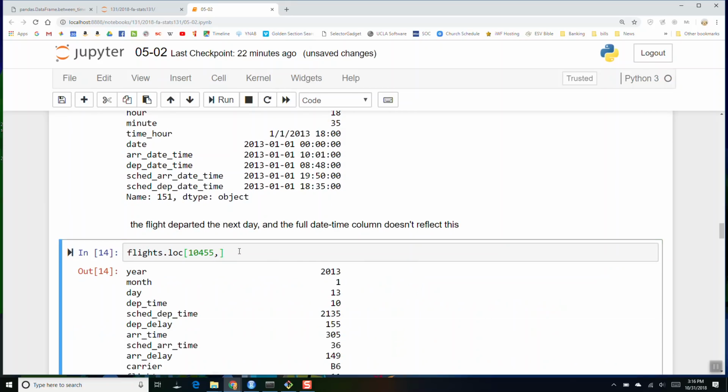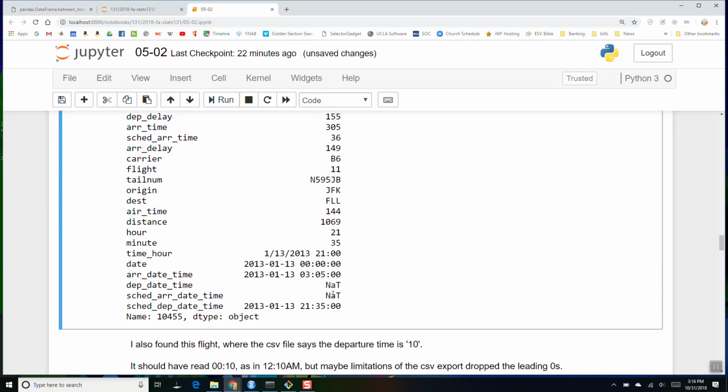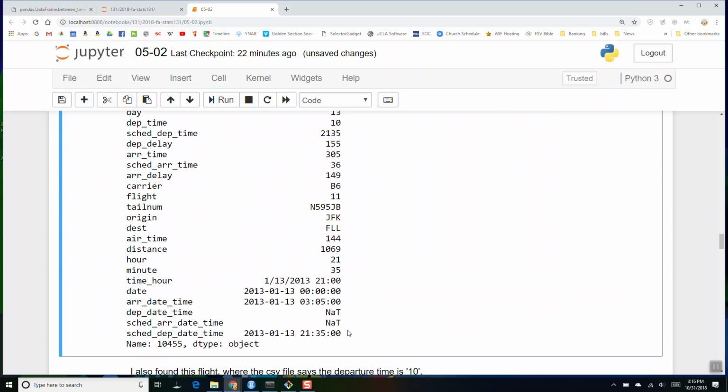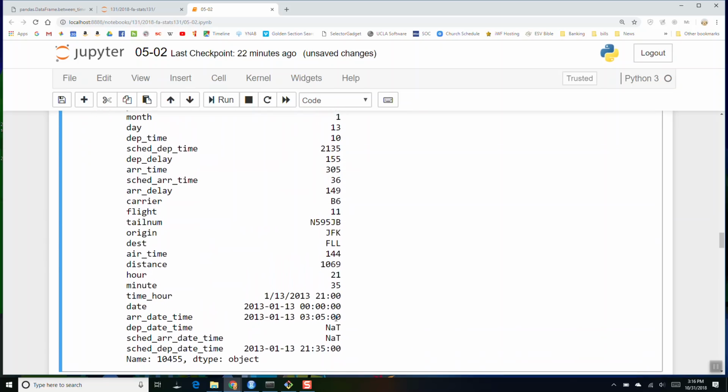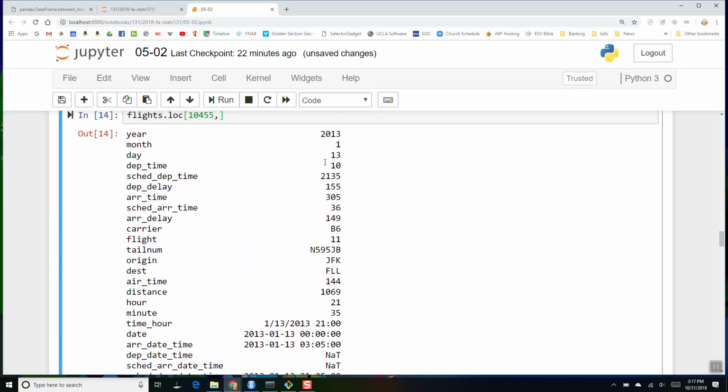Okay, and I was just kind of going through a bunch of these things, and then there was another issue where I saw, I didn't write the code, but basically I found some issues where we had things that were not a time. Okay, we had basically missing time values, and when I looked at it to figure out why we're missing times here, we can see the departure time was 10. Okay, the scheduled departure time was like 9:35 in the evening.